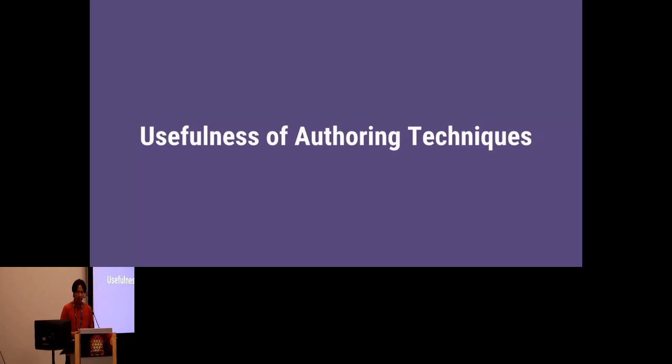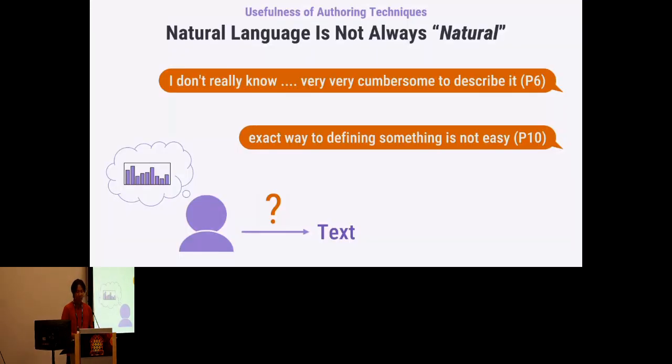Through interview, we further identified the perceived usefulness of 6 authoring techniques, and here is an example about natural language interface. Participants frequently noted that it is often difficult and laborious to describe what they want to achieve, as one participant mentioned that it is very, very cumbersome.